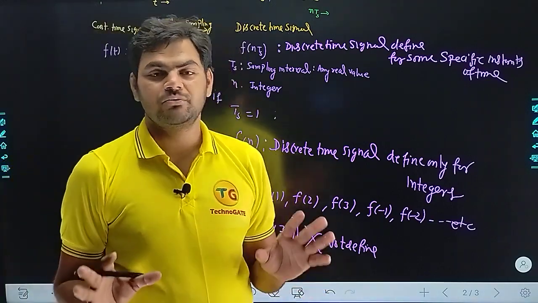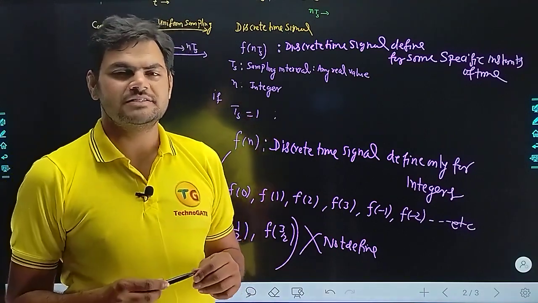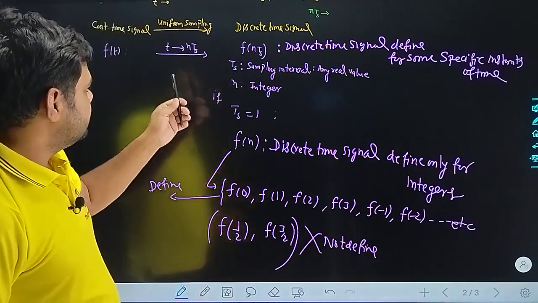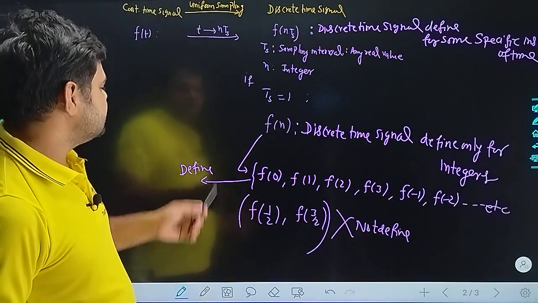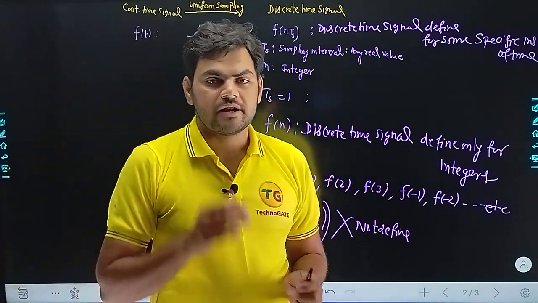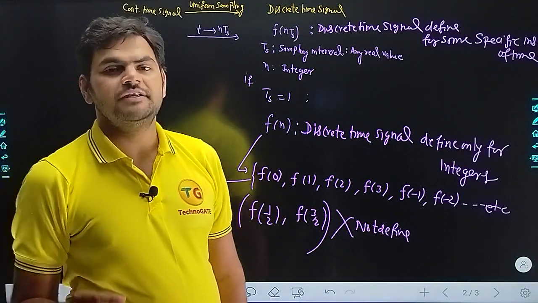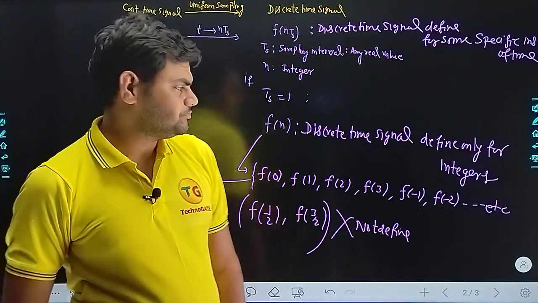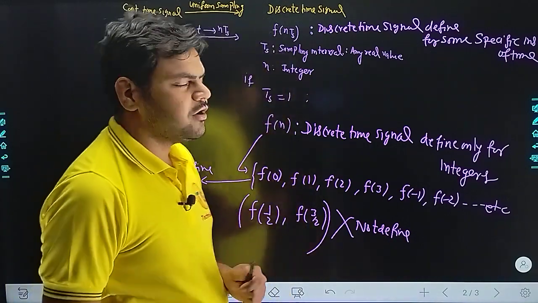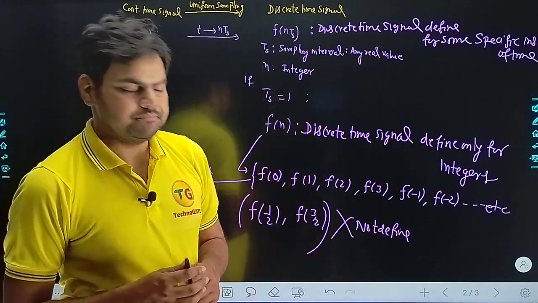The purpose I already told you: we are considering here the special case of discrete time signal where ts is equal to 1. So let's write here, point one: f of t is a continuous time signal that is defined for any real value of t, whereas f of n is a discrete time signal which is defined only for integer values of n.